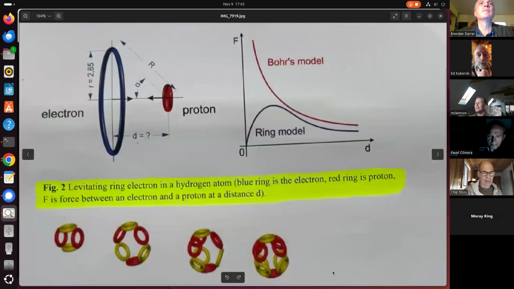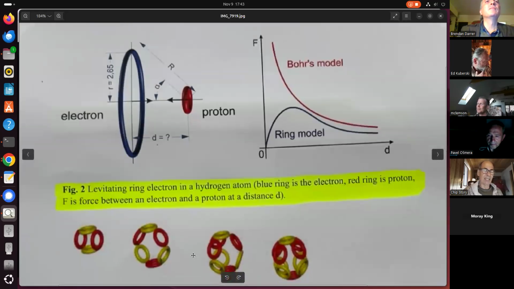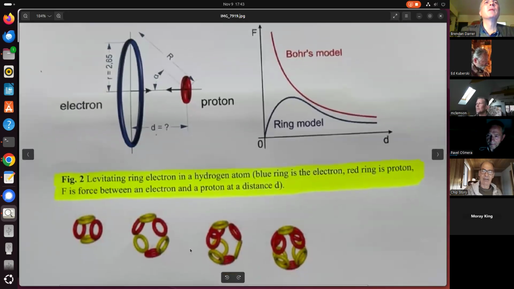This is important, you guys. There's a wonderful diagram, electron and a proton. Definition for R and alpha, the angle. The fractal dimensionality D is unknown, but that really means it's variable. That's the way I interpret that. There's a Bohr model and a ring model. They're asymptotic at some point within the fractality scale.